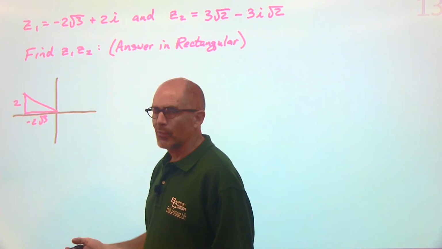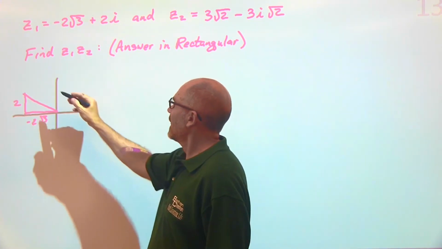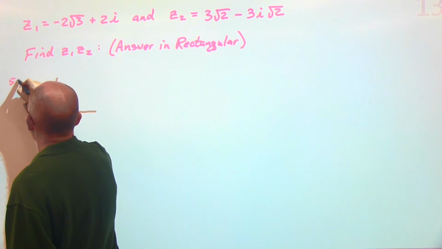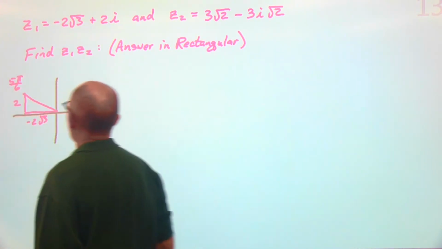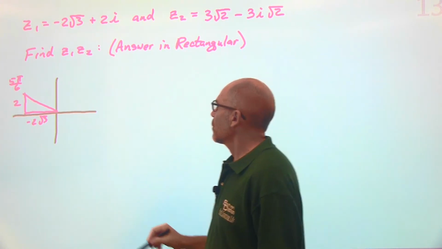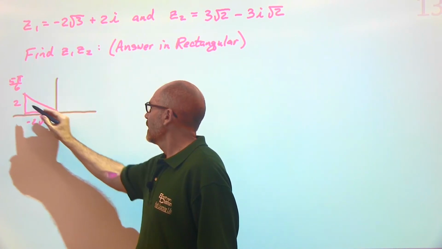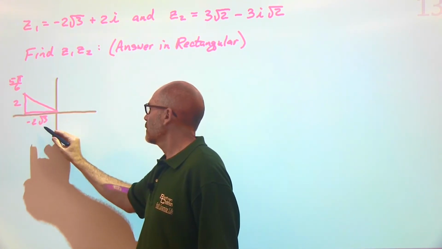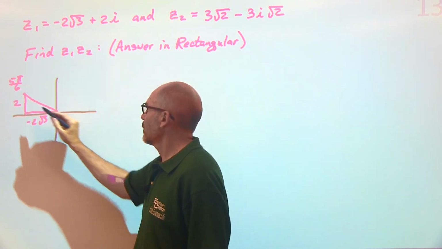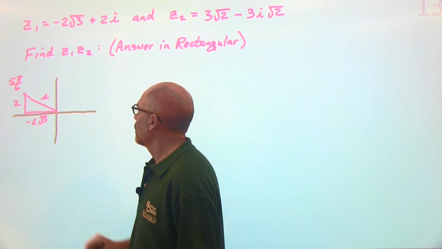So we know we have a 30, 60, 90 right triangle, and it's in the second quadrant, so we know that angle is 5 pi over 6. Well, that's handy. Next thing we know is the radius is the Pythagorean theorem, so it's square root of 2 squared plus 2 square root of 3 squared, add them up, take square root of the whole thing. Really, the simpler way to go is, I know it's got to be double the short leg, which is 4.